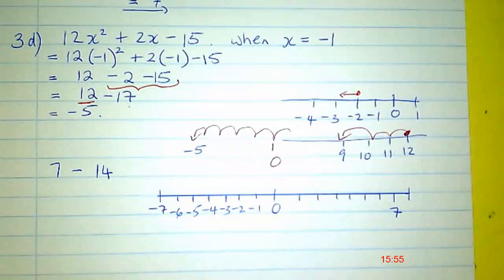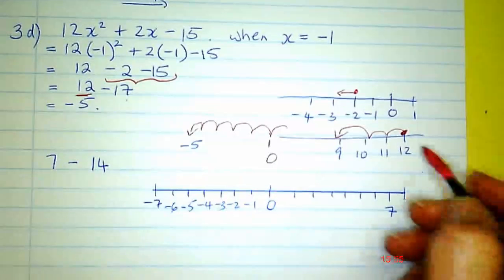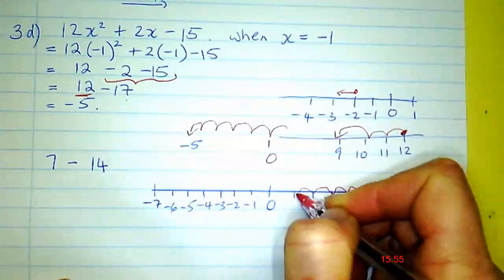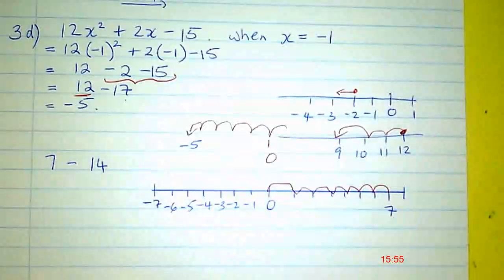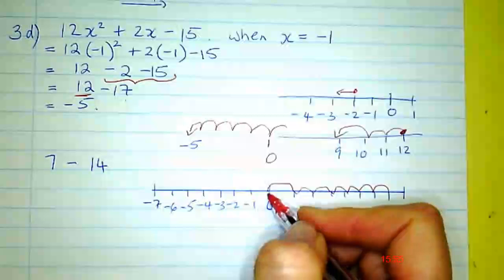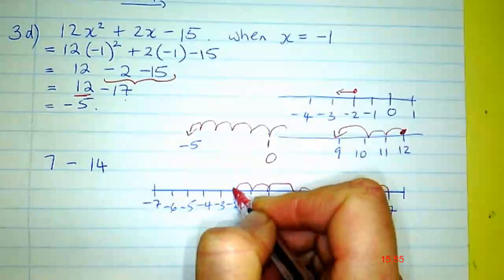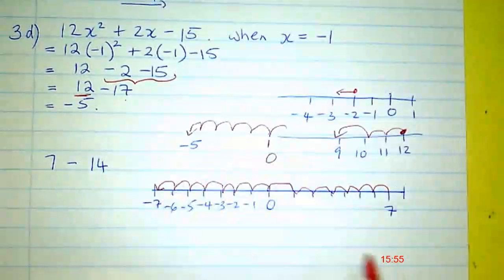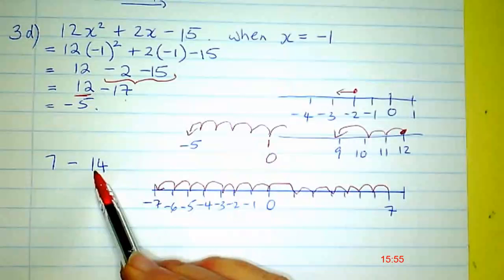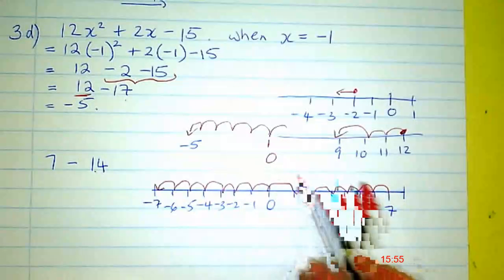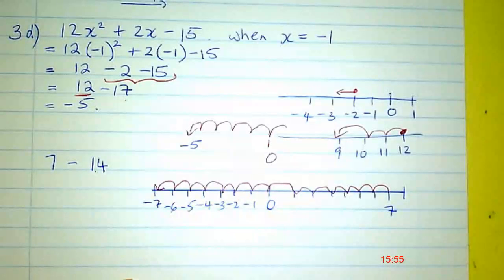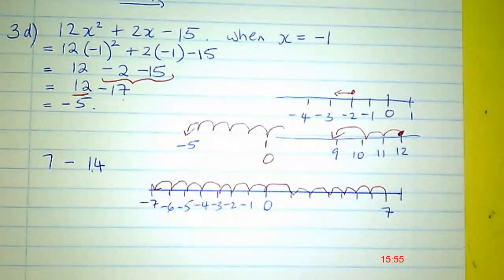If I'm sitting at 7 and I want to subtract 14, it's going to take me 7 hops just to get to 0. And then if I do another 7 hops, I'm going to land up at minus 7. Because I had to subtract 14. 7 of them took me to naught, and then another 7 of them took me to minus 7. Okay.